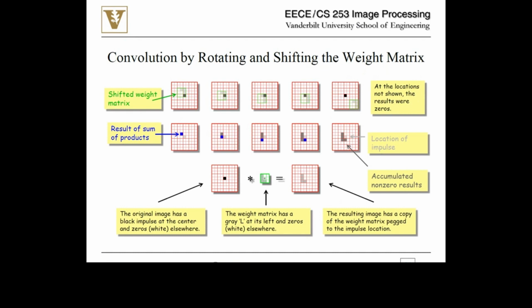Here we are only representing those locations where the multiplication is different from 0. Let's say that you move it to here. The underlying signal has zeros everywhere, so you don't have to multiply the kernel by all the zeros and then sum. So it will be 0.